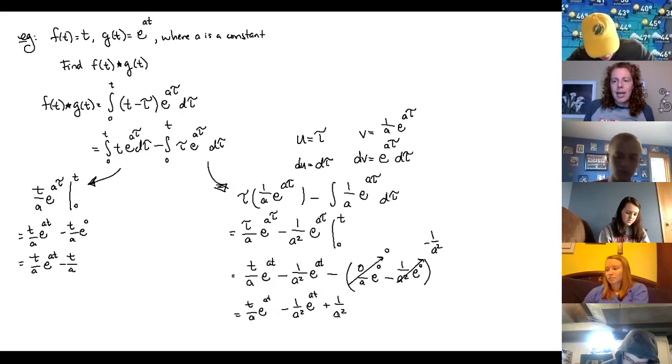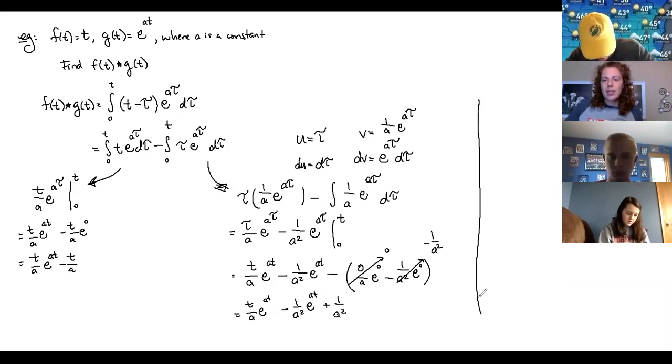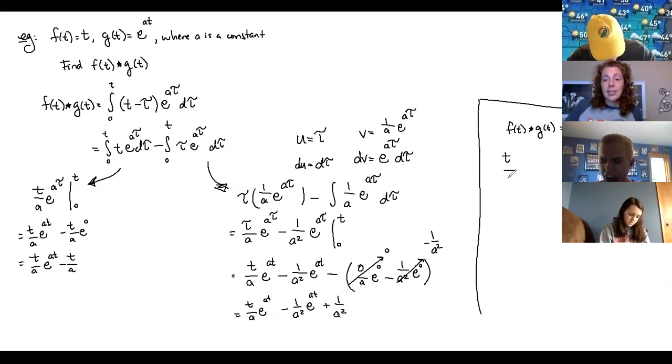Okay. Last thing, I need to subtract both of these pieces that I have. So my final general answer, over here, for f of t star g of t. I need my first piece, that's t over a, e to the at minus t over a, minus my second piece.